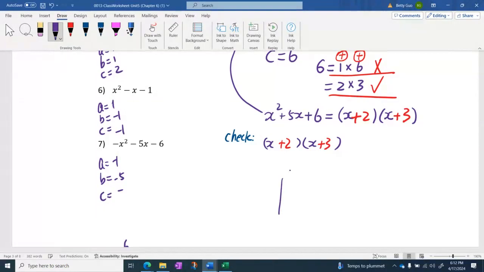The box is going to have 2 by 2, 4 cells. I place one on the side, x plus 2, the other above, x plus 3.